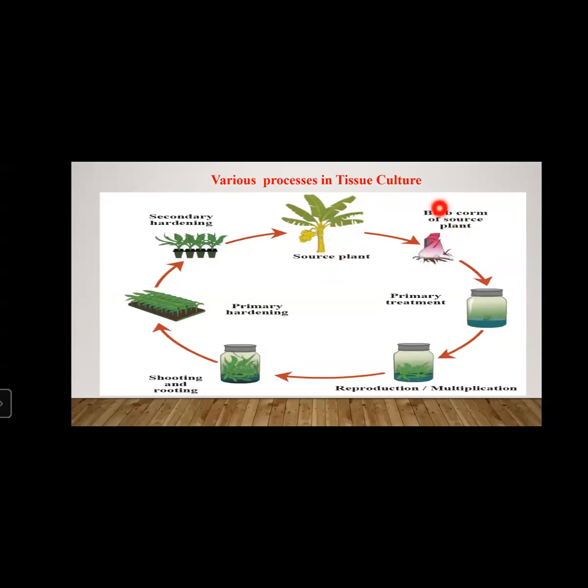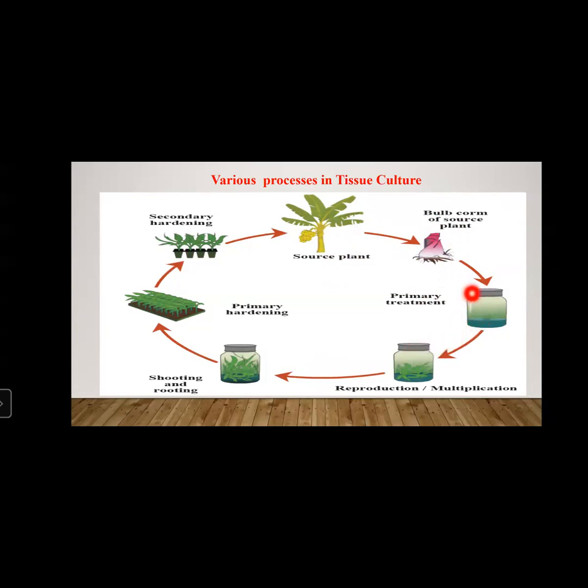So, a meristematic tissue is obtained from the source plant. It is cut into smaller pieces, given the primary treatment, that is, it is transferred in the nutrient medium under the sterile conditions, which is then allowed to grow.